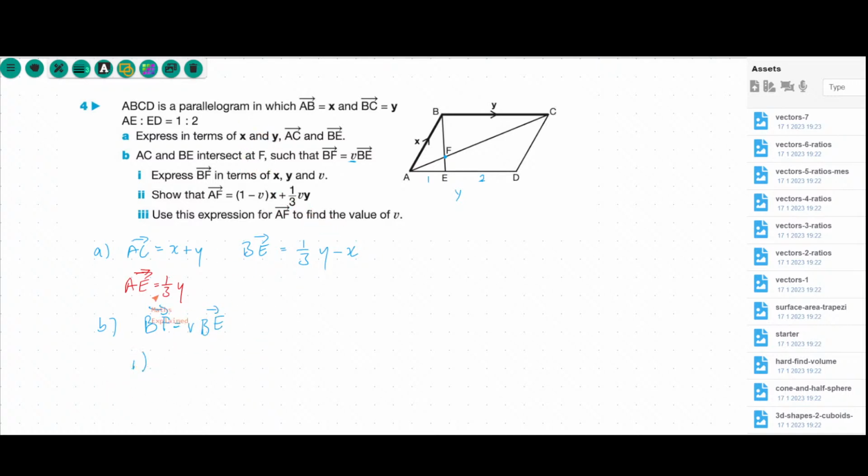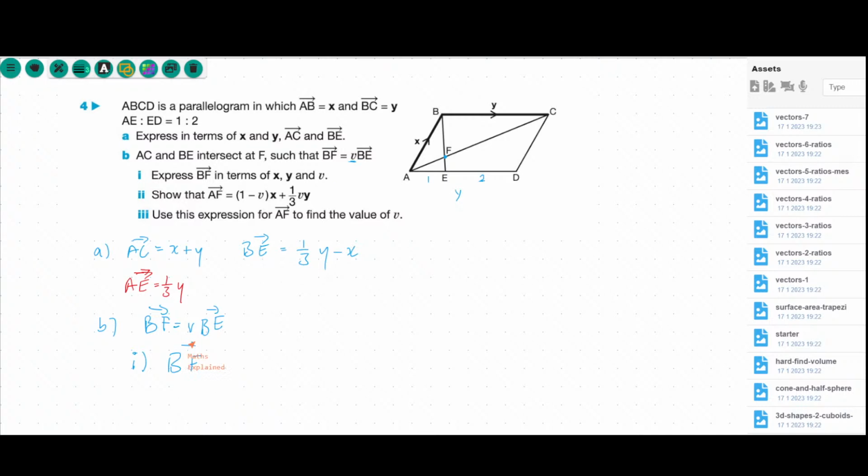Part i says express BF in terms of x, y, and v. So BF, well, we know BE is a third y take x. So if we want to express BF in terms of x, y, and v, that's going to be v, the multiple v of BE.